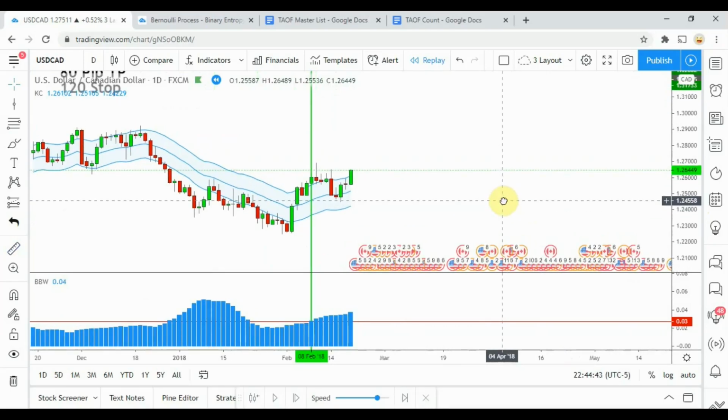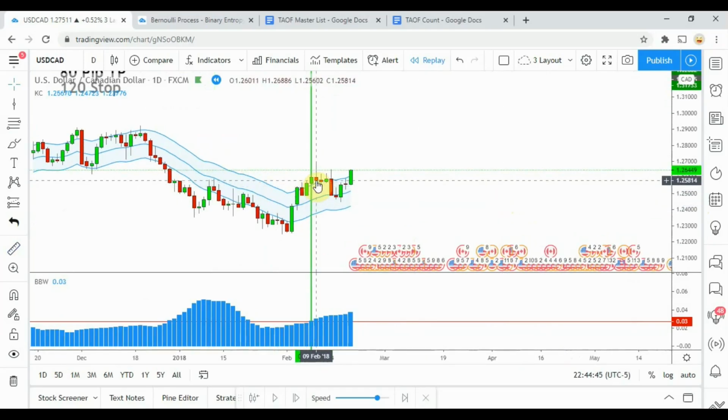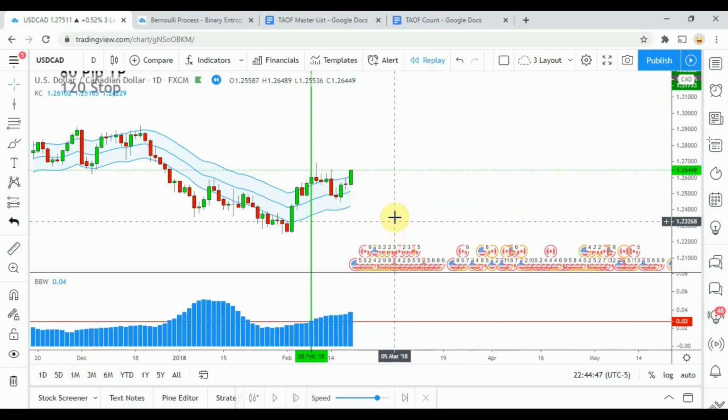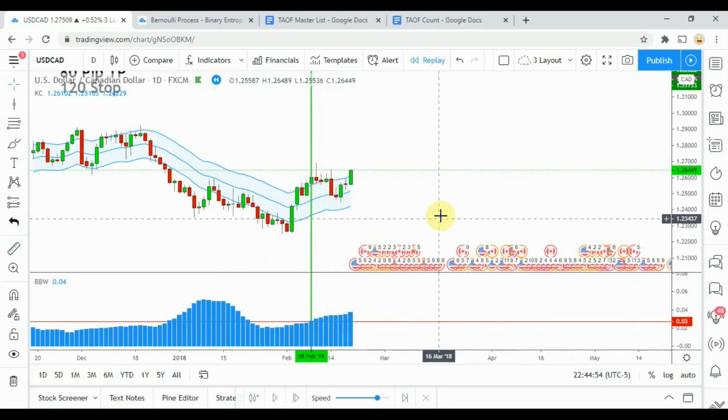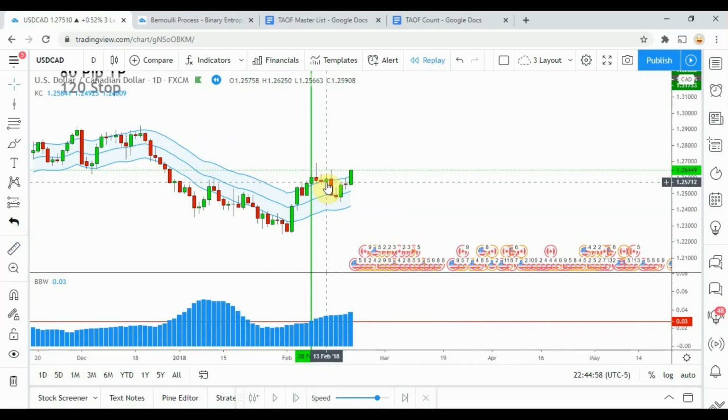Now you have to be mindful when you're back testing of the small nuances of what your strategy is doing. Don't overlook little pieces that might be a little challenging to see. So this little bitty green candle right here, price action came down, closed inside the Keltner channels.